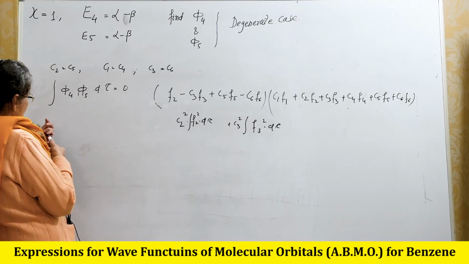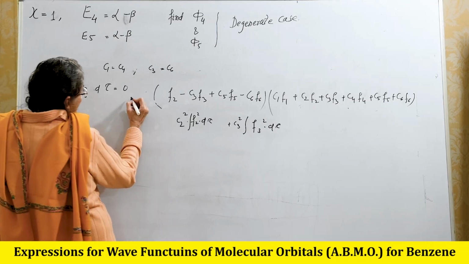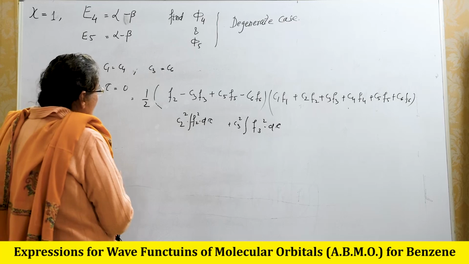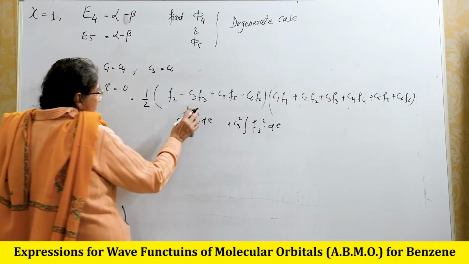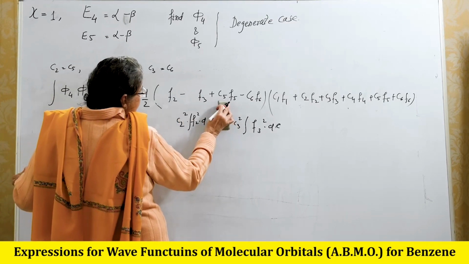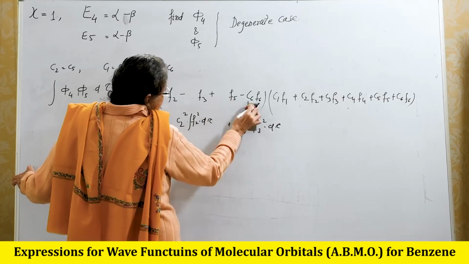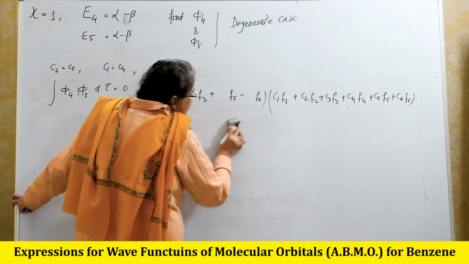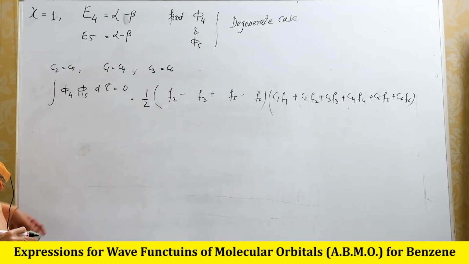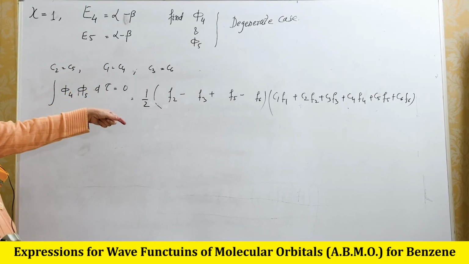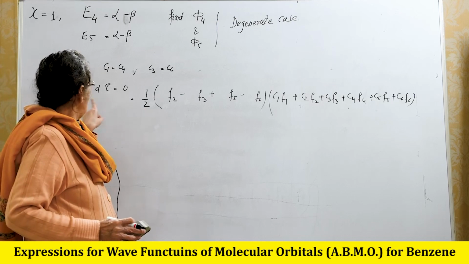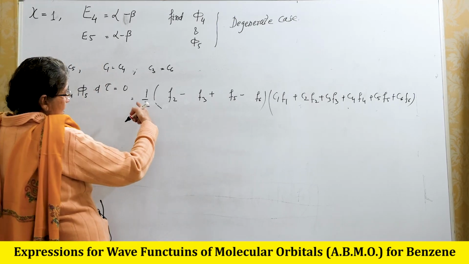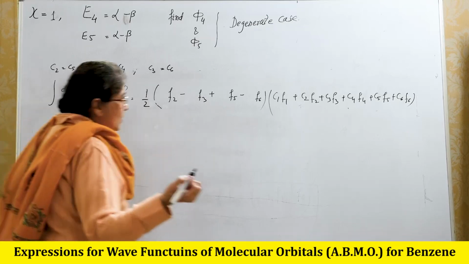Sorry, I am revising this because we got that phi 4 was 1 by 2 of F2 and F3, and this is the orthonormal condition, because we have just now derived the equation for phi 4. So multiplying by 2 on both sides, this is equal to 0.